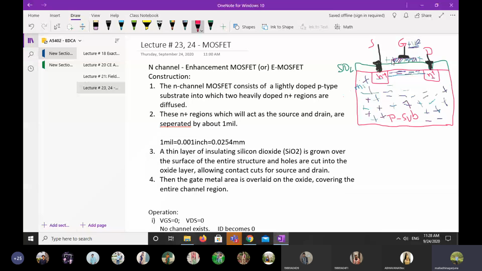On the positive place, the negative charge carriers will be placed between the source and drain. Whenever you apply positive voltage for Vgs, then the channel exists.